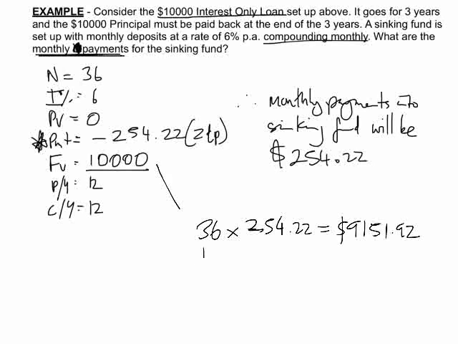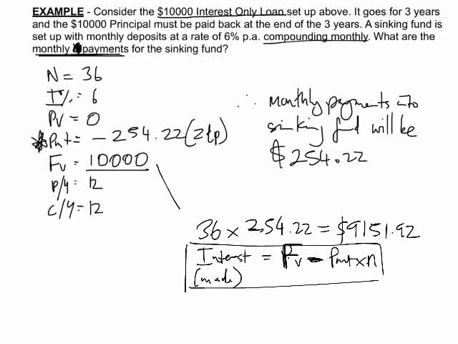So the interest you made was the future value annuity formula for interest, which was FV minus PMT times N. Remember, it's slightly different from the loans interest formula.